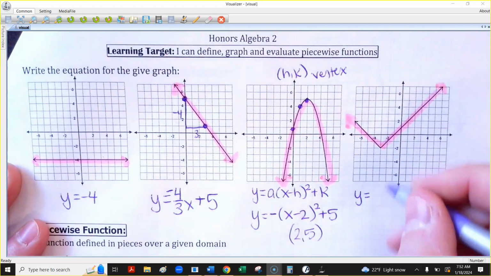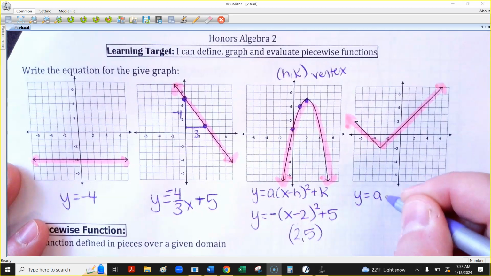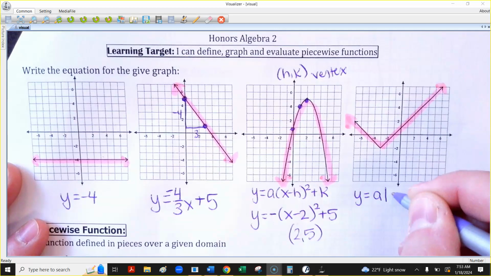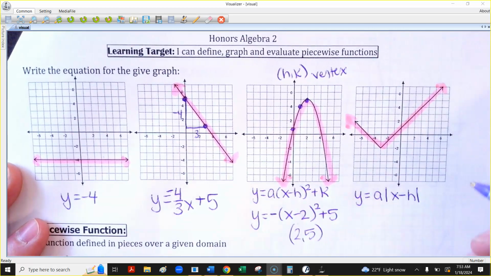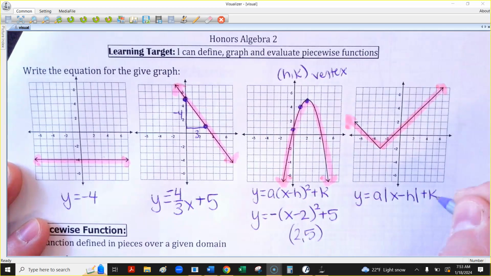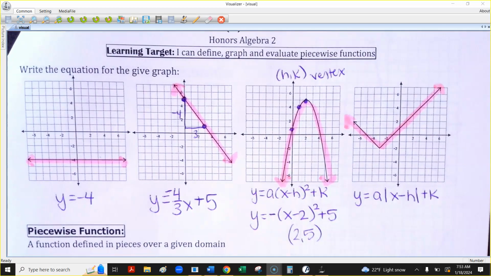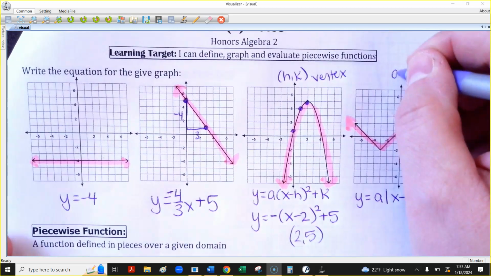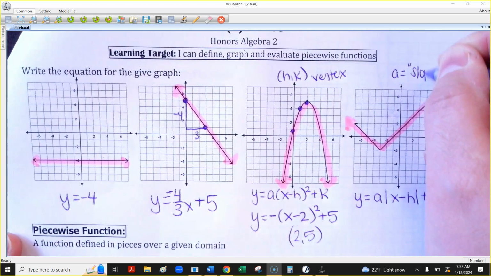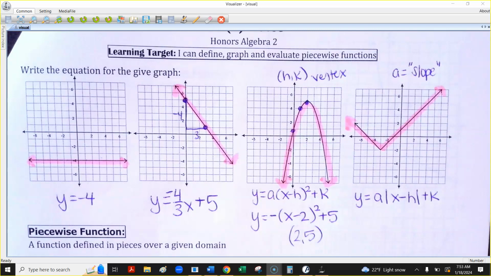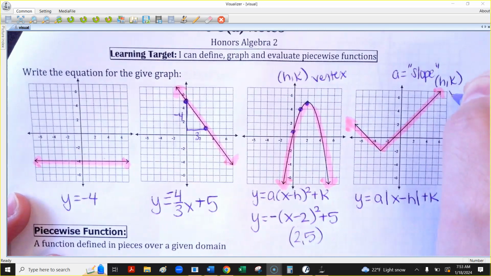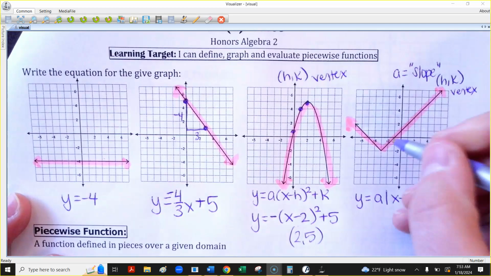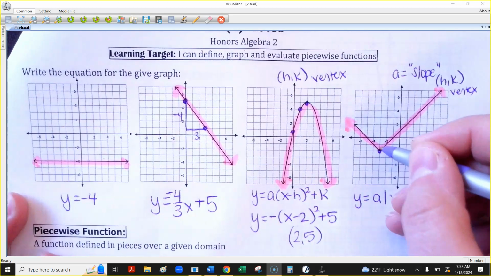Okay. Now, last one. We haven't done this for a long time. This is absolute value. This looks very similar to a quadratic in vertex form. It's going to be a on the outside times the absolute value of x minus h, and then plus k. And again, the a is, I'm going to put this in quotation marks, the slope, basically, of the sides of the V, and then (h, k) is going to be the vertex of the V. If you're at the vertex, you could do this on either side.